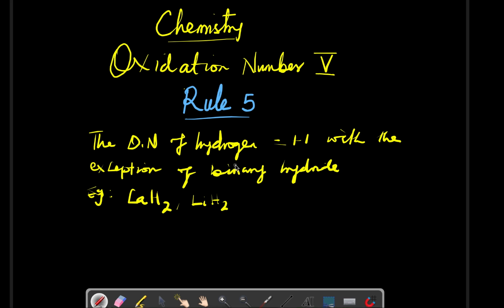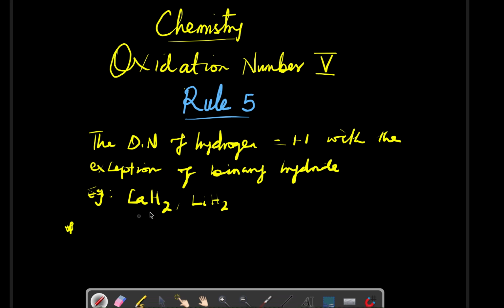Because it is more abundant, what will happen if, for example, you want to ask the oxidation state of hydrogen in a binary hydride?